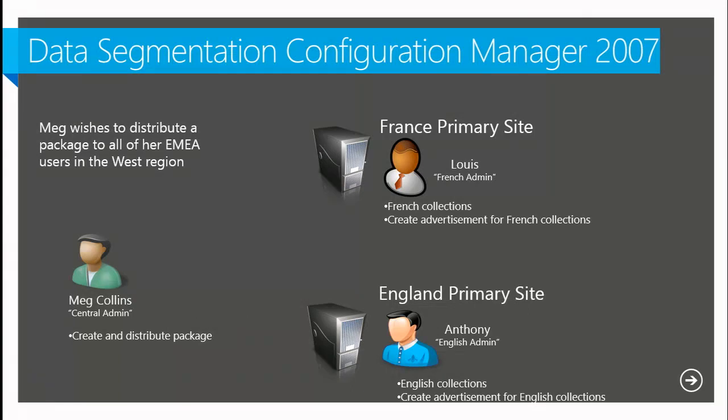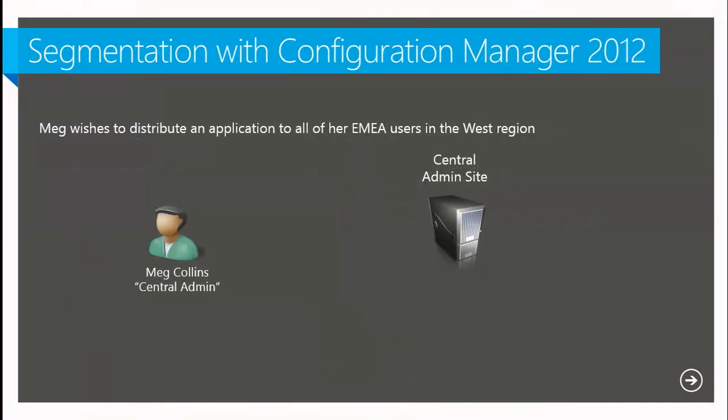You're probably very familiar with this particular setup where you assign those administrative users to the specific primary sites for administrative purposes. However, in Configuration Manager 2012, I've removed those primary sites, because a primary site is a primary site, and all the administrative controls are applied globally.